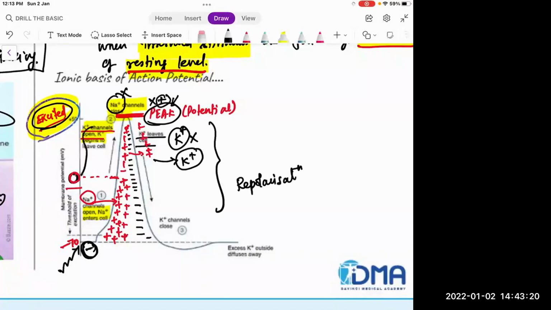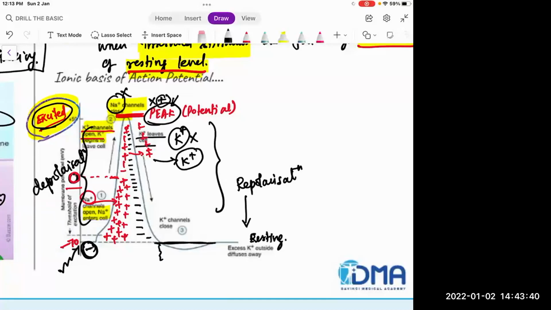And here you call it depolarization. Okay, so during this repolarization process, finally it has reached the resting level. But this is the resting level.